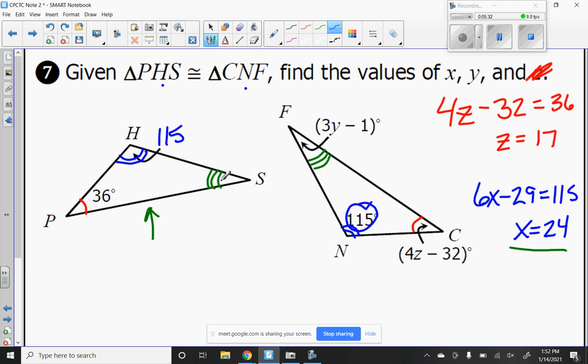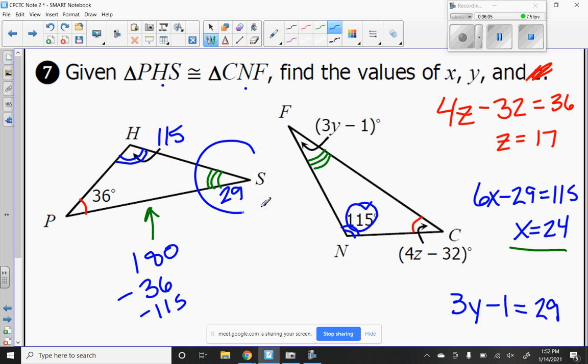So now I can find angle S, because remember, inside this triangle is 180, and I have 2 of the angles. So if I subtract 36 and 115, I will get S. And I'm doing that in my calculator. And S is 29. And now I'm ready to set up my equation for the y. 3y minus 1 equals 29. Now I can do that equation because I have both of them there.